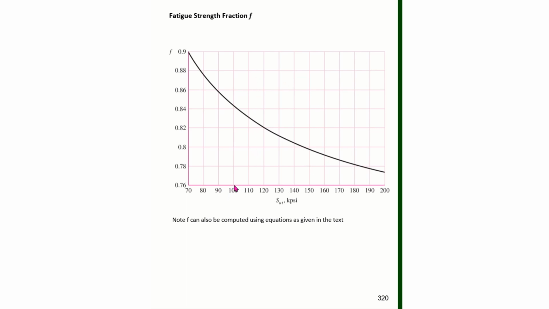So on this plot, you have script F on the vertical axis, and on the horizontal axis we have the SUT in KPSI. So if we know the SUT for our material, we come to the SUT and we come up till we hit the curve, and then we come over and we pick off our little f. Now you'll note that for most steels, the little f will be between 0.8 and 0.9.